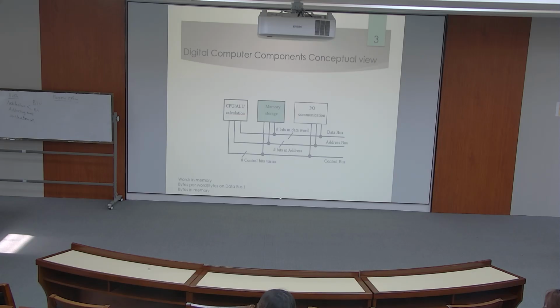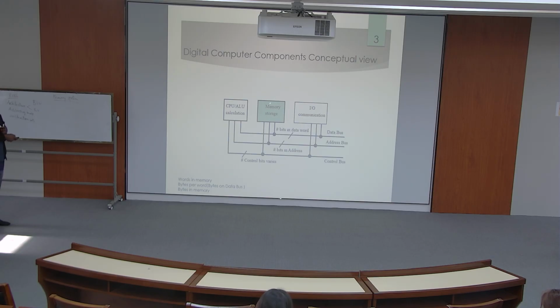But before that, I want to show you this picture that is familiar to you. We have the CPU. This is the digital computer component conceptual view. In the previous classes, the CPU was the component highlighted, because we were talking about that important component of the computer. Now we have moved a little bit to talk about memory storage.